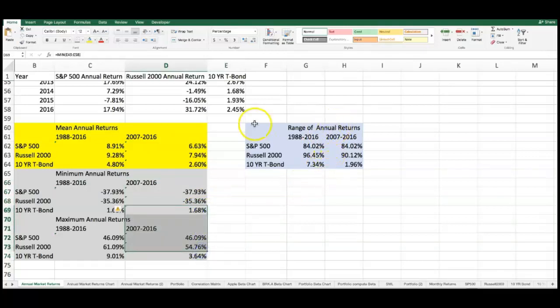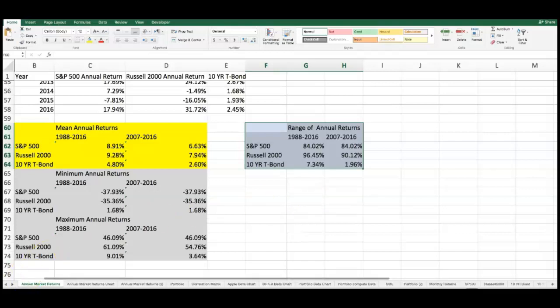So if we look at the range of annual returns for 2007 to 2016, we still see the same general pattern. Not much range in the 10-year T-bill, quite a bit of range in the riskier stocks. So just based on the range and the variability, the Russell 2000 has the greatest risk. Small company stocks have the greatest risk. Big company stocks have the next level of risk, and the 10-year Treasury bond doesn't have very much risk, relatively speaking.